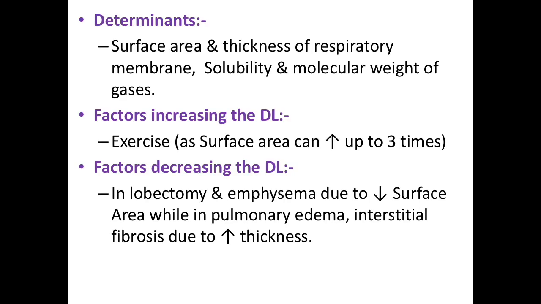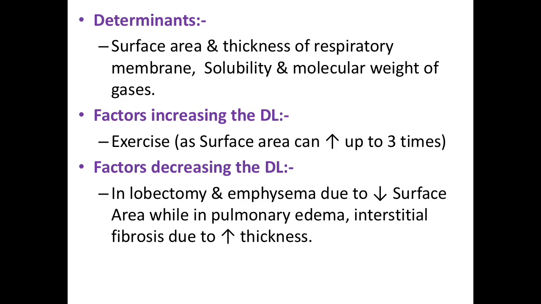If we talk about determinants, the determinants of diffusion are surface area and thickness of the respiratory membrane along with solubility and molecular weight of gases. Now the factor that increases this diffusion capacity is mainly exercise, as there is an increase in surface area during exercise.